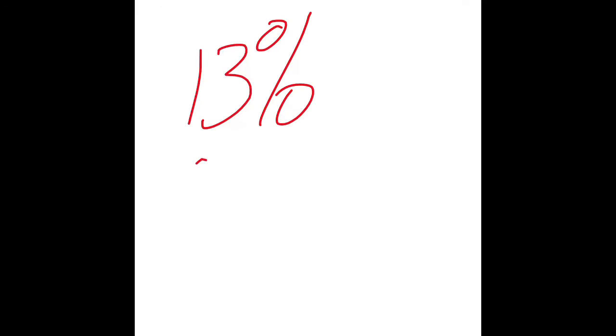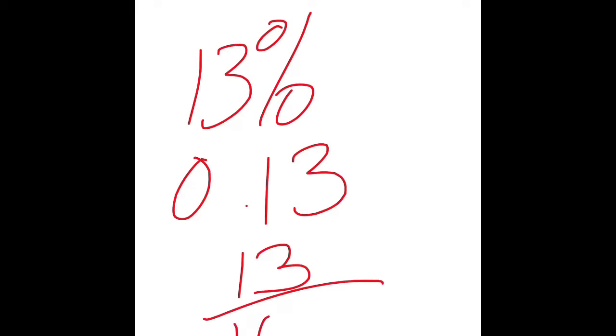All right, so some practice real quick. We'll do a couple of these. Write each percent as a decimal and a fraction. So you have 13%. If that was a decimal, it would be 0.13. A fraction, 13 over 100.